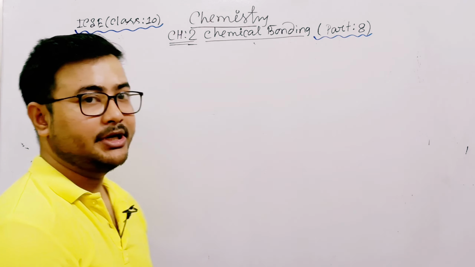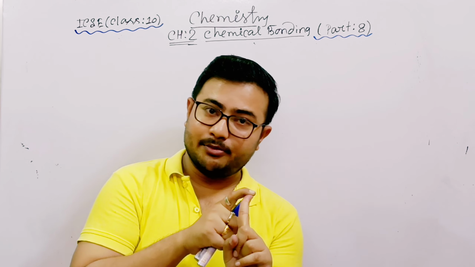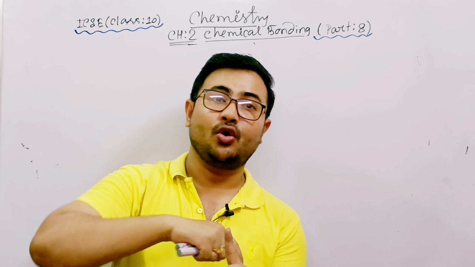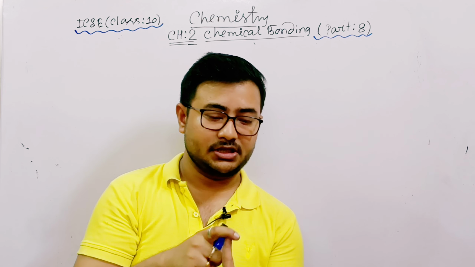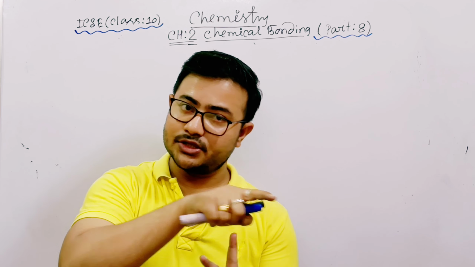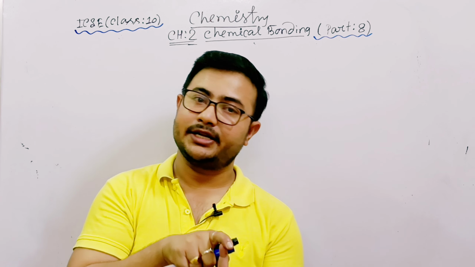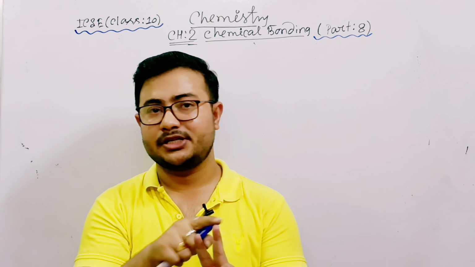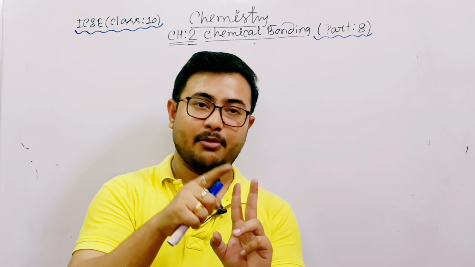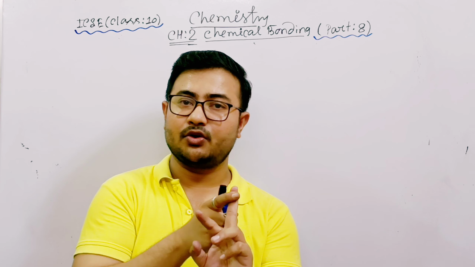I already completed the electrovalent bond, all the concepts and explanation. Second, the covalent bond, as well as all the concepts regarding the covalent bond, their difference, electrolysis, all according to our ICSE syllabus.